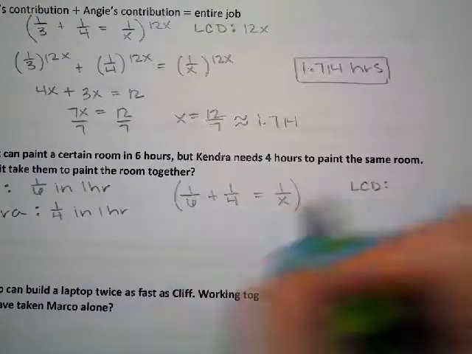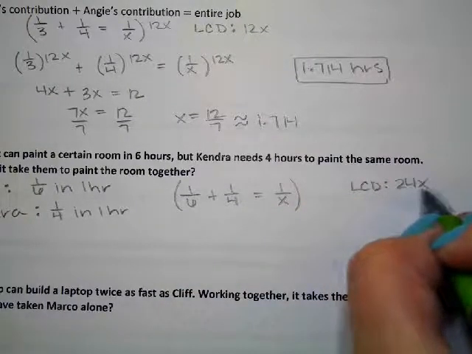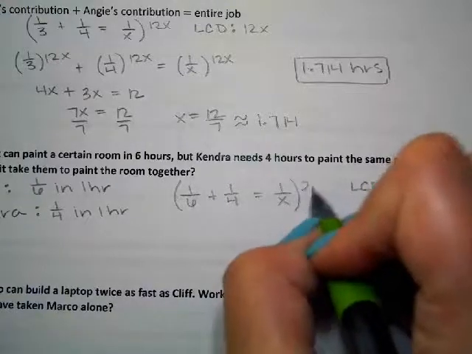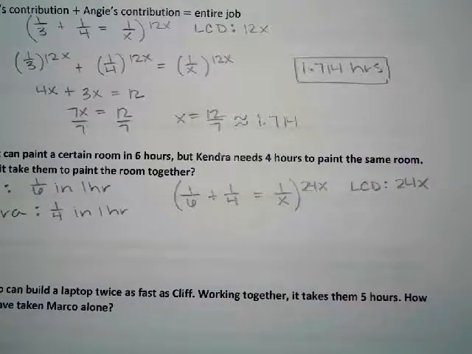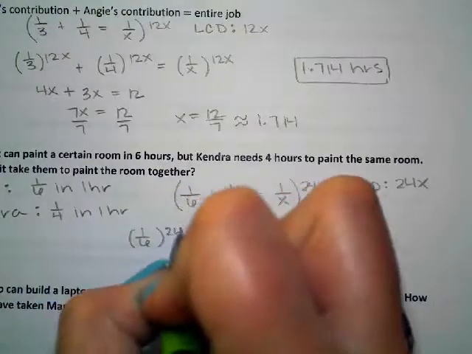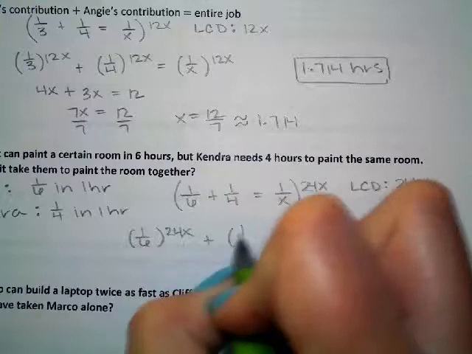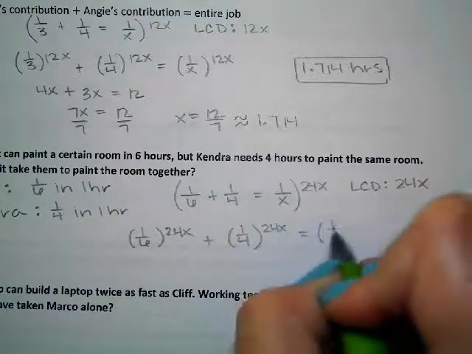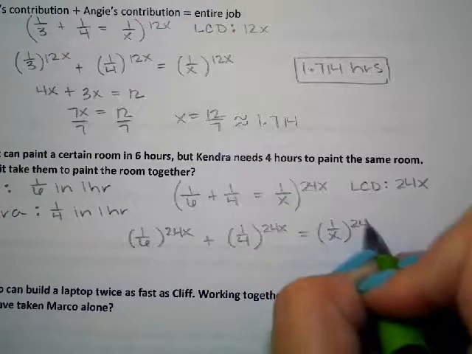The least common denominator would be 24x. And so we're going to multiply the entire equation by 24x. So 1/6 times 24x plus 1/4 times 24x equals 1/x times 24x.